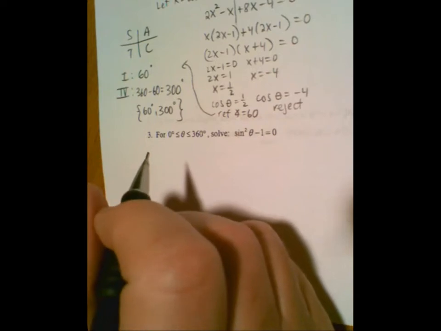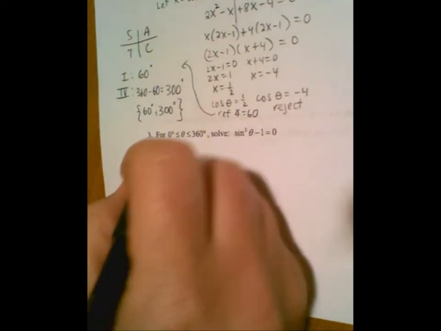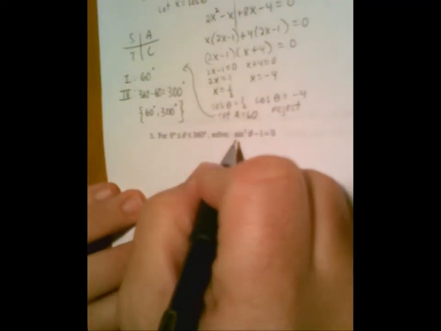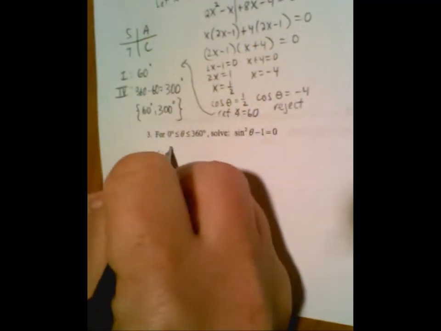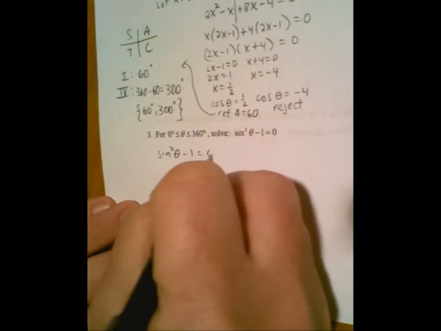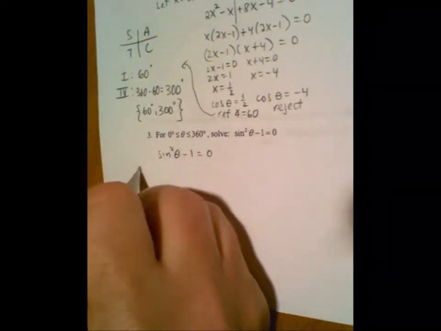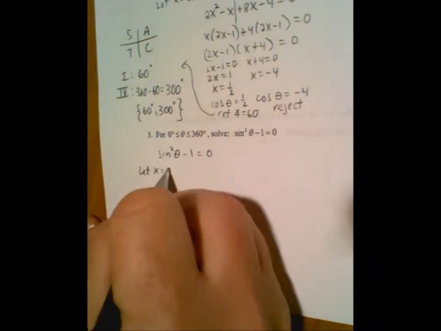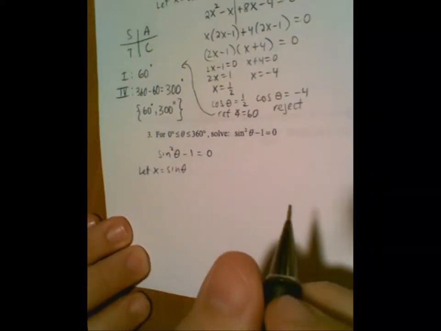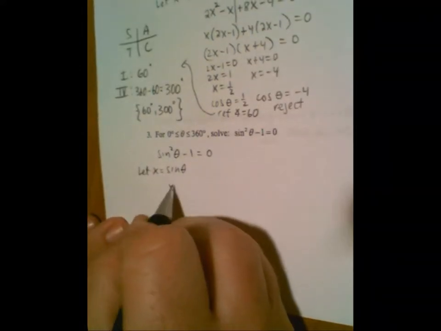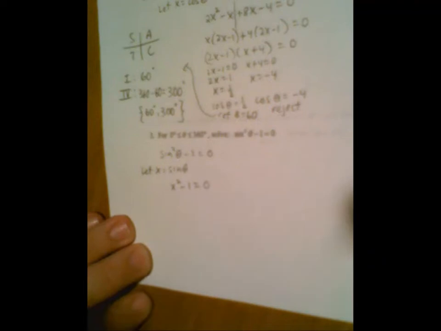Number 3, sine squared theta minus 1 equals 0. Well, I'm going to let x equal sine theta. So then I have x squared minus 1 equals 0.